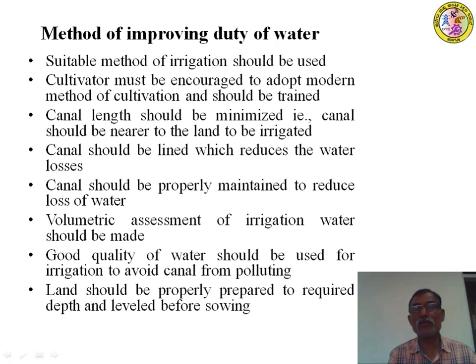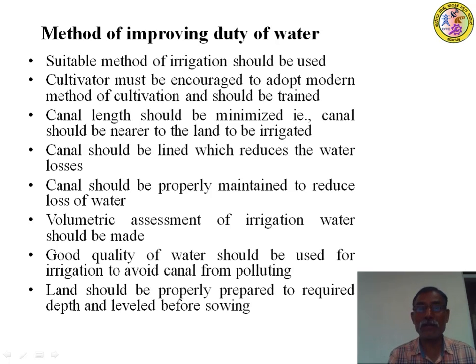Canal should be lined, which reduces the seepage losses. The canal should be properly maintained to reduce the losses of water. That means the foresting along the canal should be reduced. Volumetric assessment of water should be made. Very important. Volumetric means on a volume basis: how many liters, how many cubic feet, or how many cubic meters of water you are going to supply.